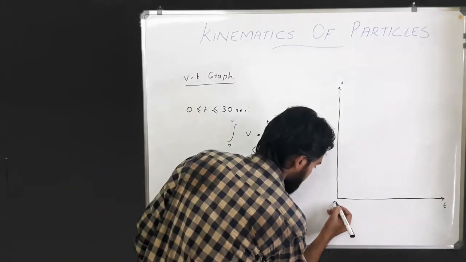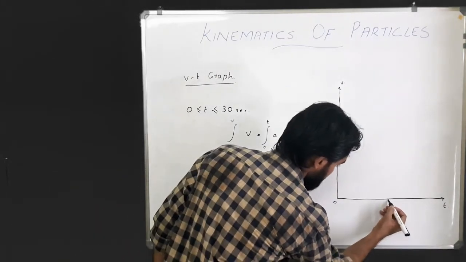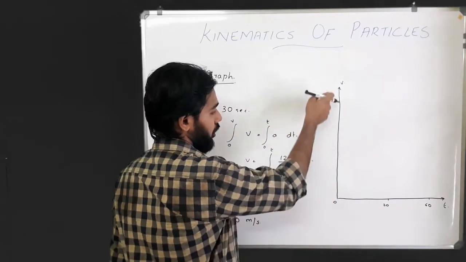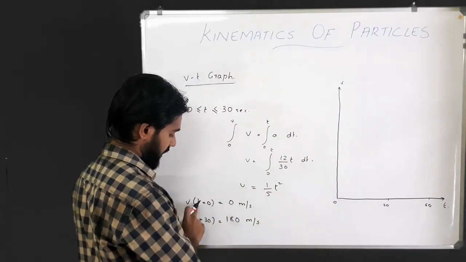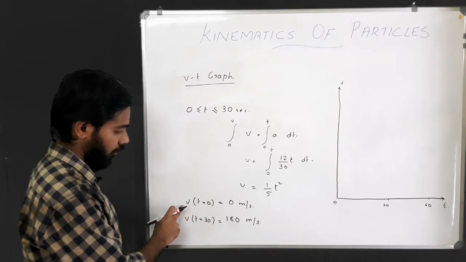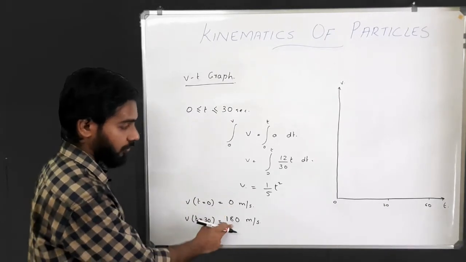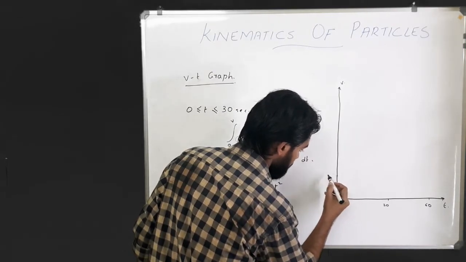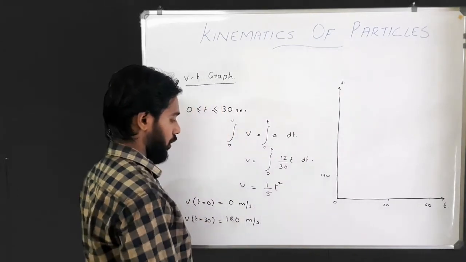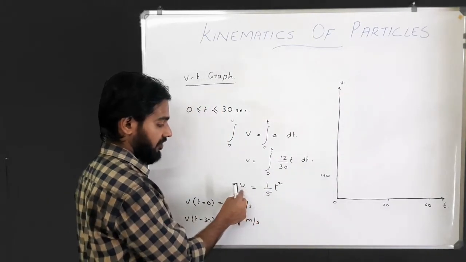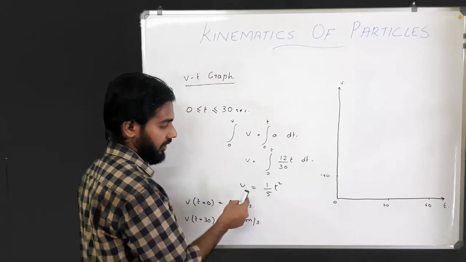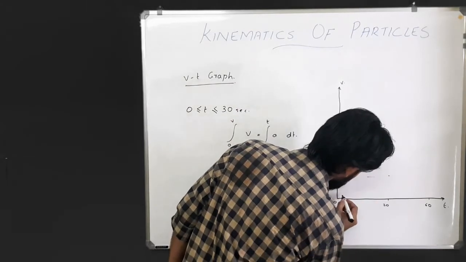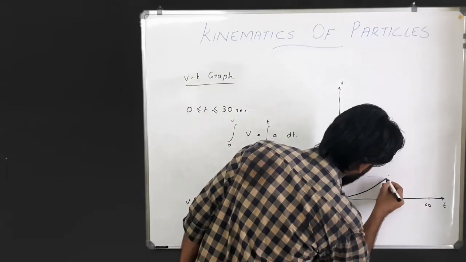So you have initially the value 0, then time 30 seconds, time 60 seconds. Plotting along this axis, at time 0 we have velocity 0, at 30 seconds we have velocity 180. Because of this equation in t square, you will get not a straight line but somewhat of a parabola.